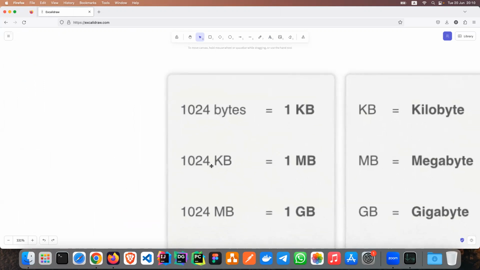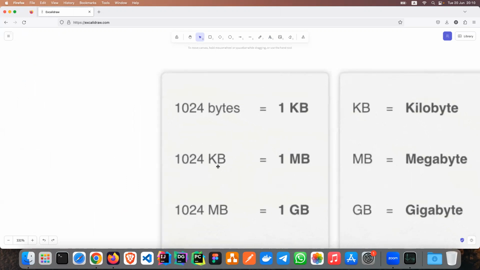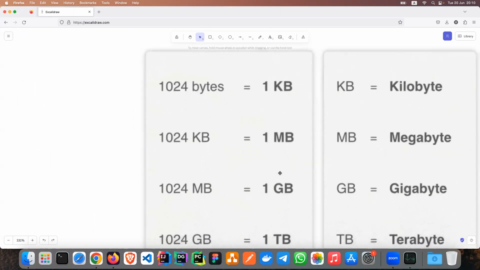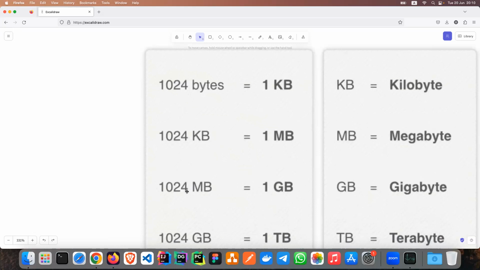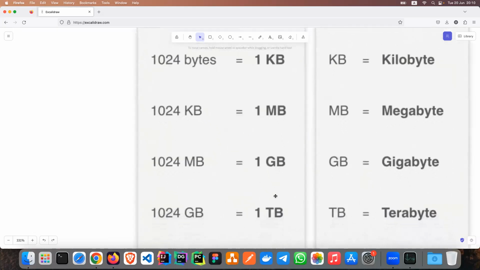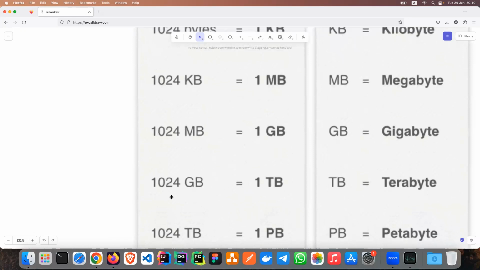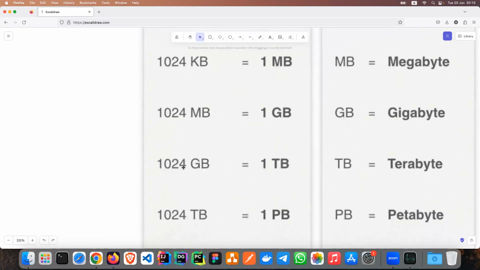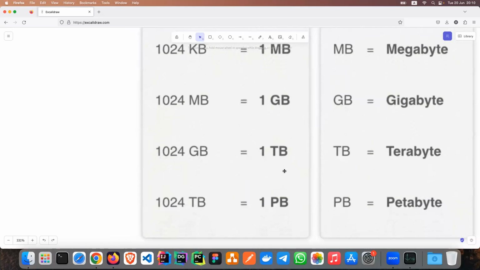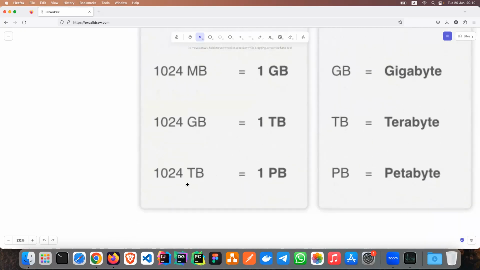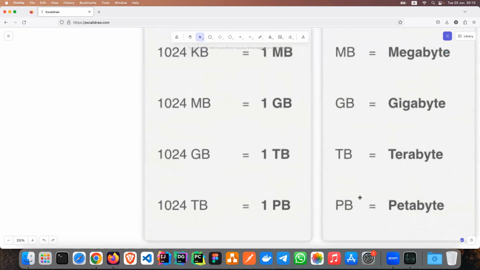When we have 1024 kilobytes, we call this a megabyte. 1024 megabytes, a gigabyte. 1024 gigabytes, a terabyte. And 1024 terabytes, a petabyte. The list continues, we have zettabyte, yottabyte. They have a lot of terms to represent this memory.